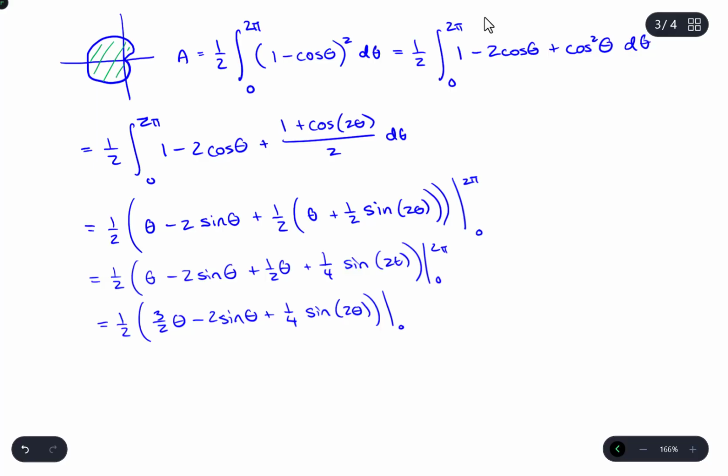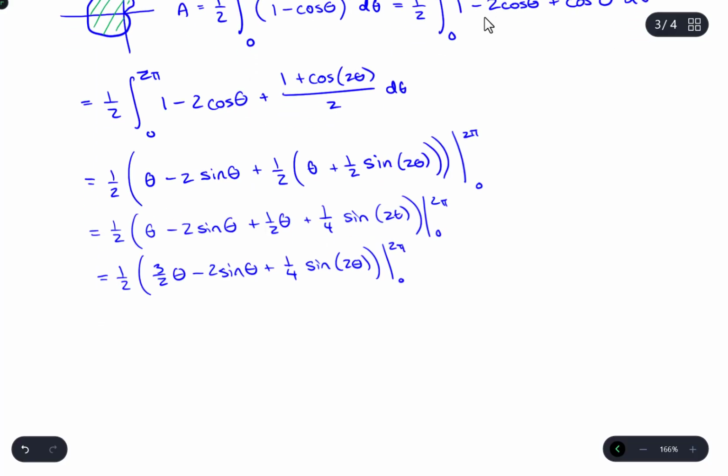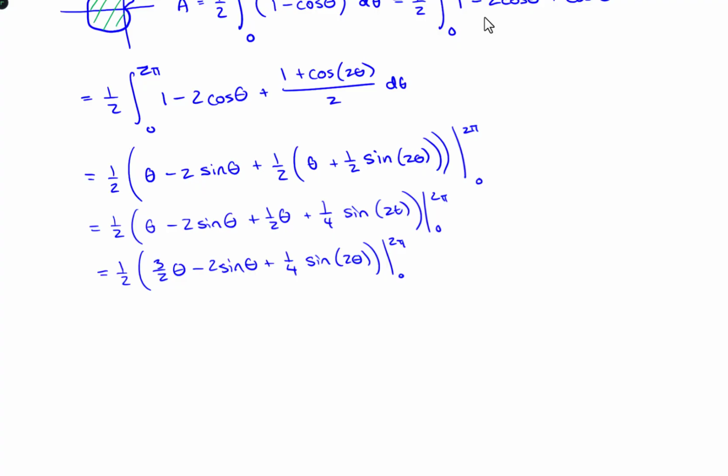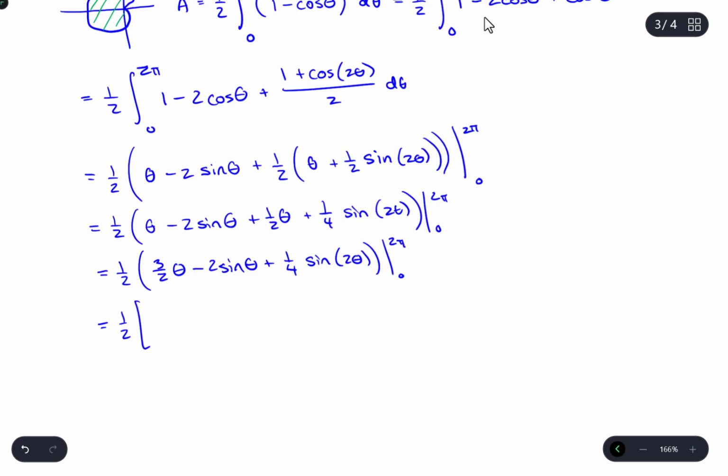Okay, now this probably looks fairly intimidating, but here's the thing. Sine is always going to be 0 at multiples of pi, so a lot of these things end up just canceling out to 0 after we plug things in. All right, so when I plug in 2 pi, this is going to be 3/2 times 2 pi minus 2 sine of 2 pi plus 1/4 sine of double 2 pi, which would be 4 pi.